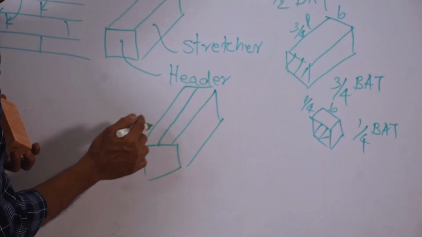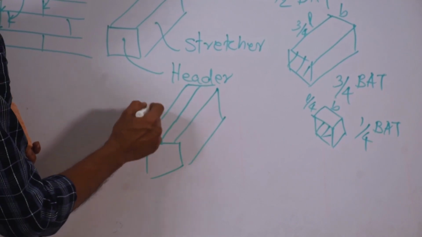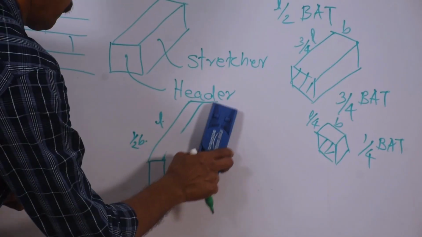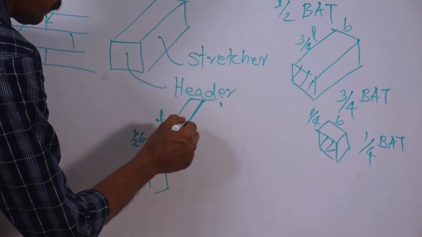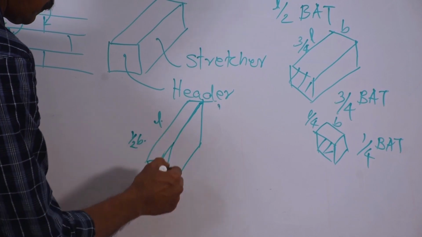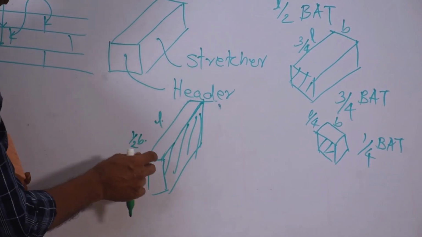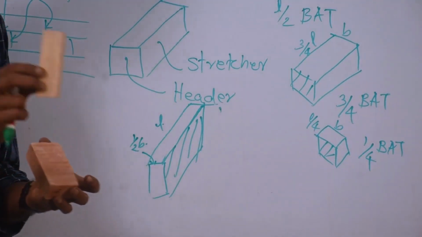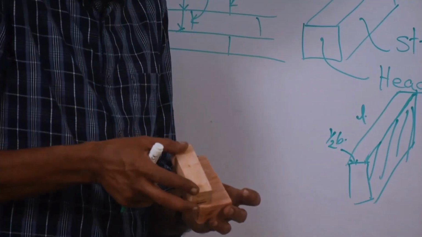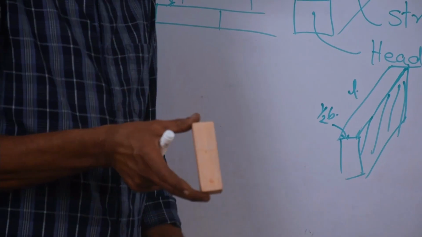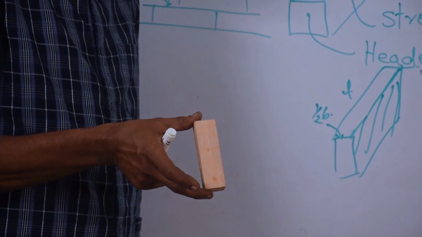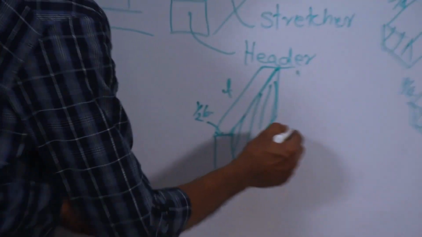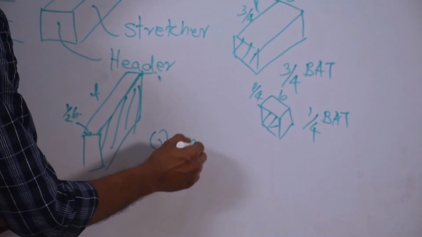Half width and full length. See this model? Half width and full length. That is called a queen closer.